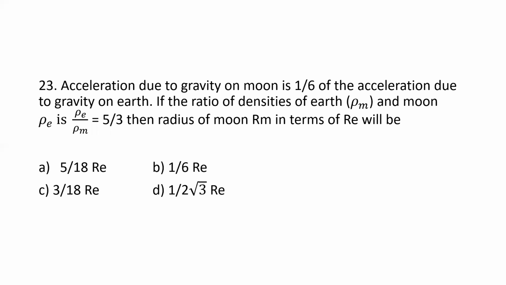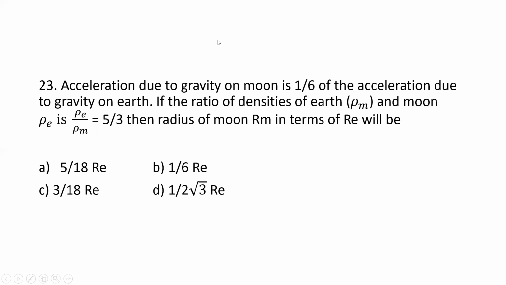So what have they asked? The acceleration due to gravity on the moon is 1/6 of that on the earth. With rho e divided by rho m equal to 5/3, we need to calculate the ratio of Rm to Re.